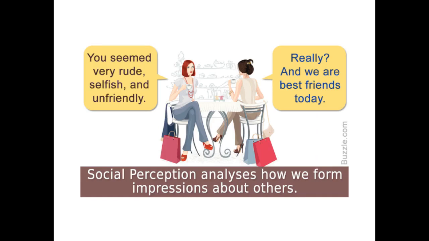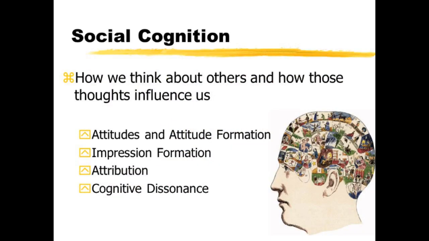For instance, social perception analyzes how we form impressions about others. Social cognition focuses on how we process, store, and apply information about other people and social situations. An example would be how we think about others and how those thoughts influence us.